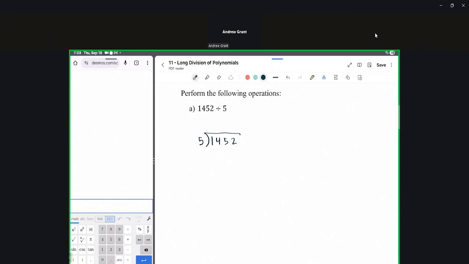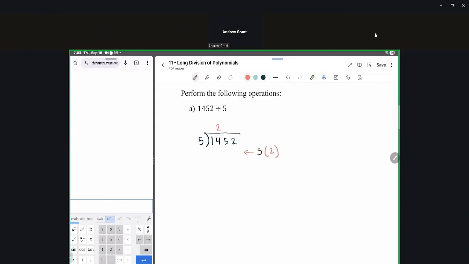First thing we want to do is ask the question, how many times does 5 go into the 1 of 1,000? And the answer is technically not, so we need another digit. How many times does 5 go into 14? We can see that it goes into there twice. And on this line, I'm being very particular about how I'm writing this today, because I'm going to be writing this the same way for the most part.